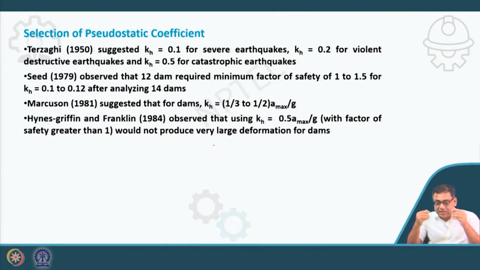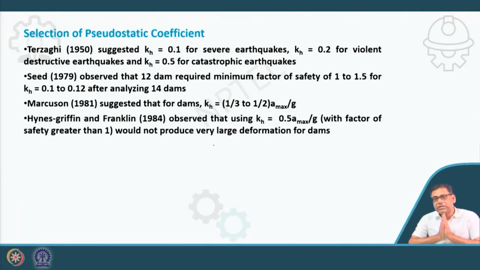Another recommendation is that you can take the KH value as half of Amax by g, but that would produce very large deformation for a dam. So there are no proper guidelines, but the range is 0.1 to 0.5 as per Terzaghi's suggestion.